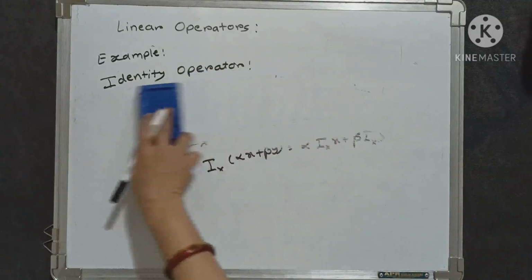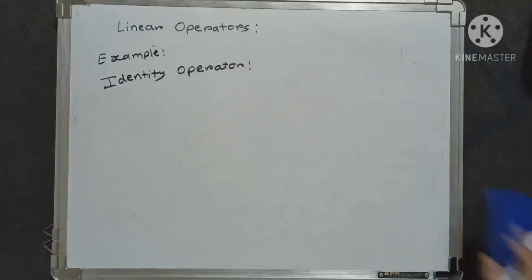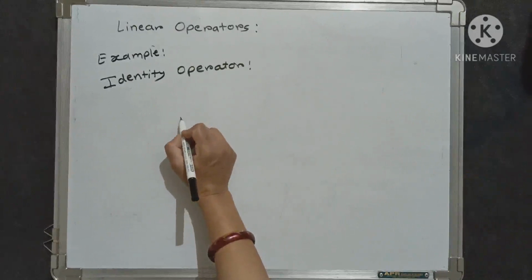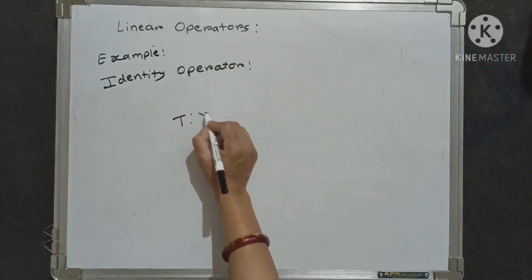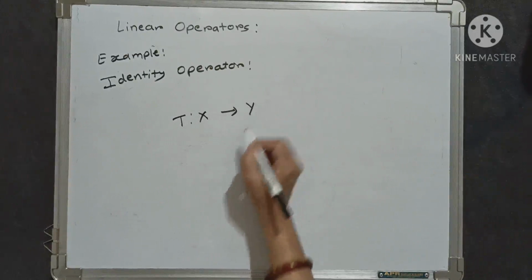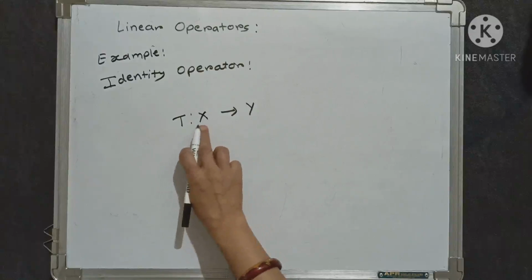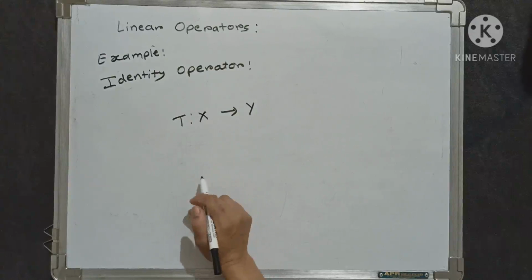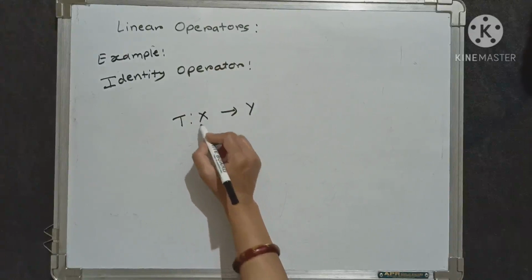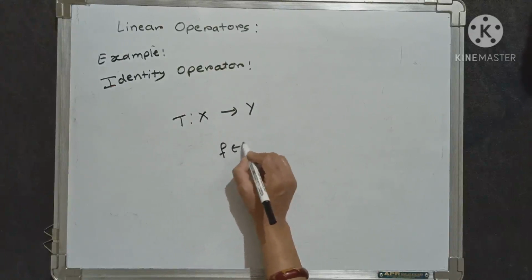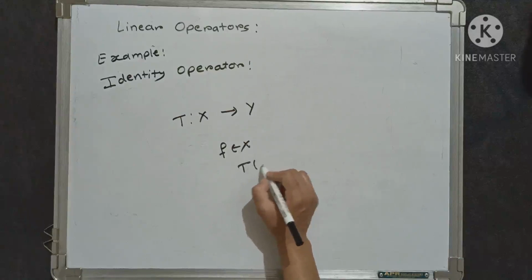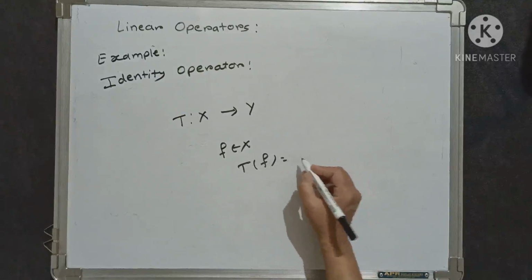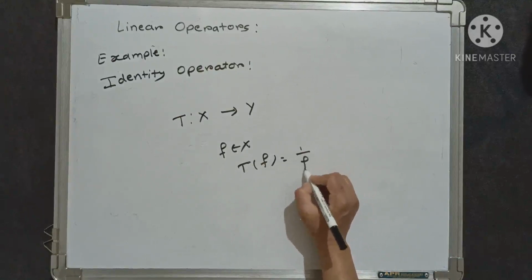Now, if we take the operator capital T from X to Y, and here we are taking the vector space capital X as a function space, then for any f belongs to capital X, T of f equals 1 upon f.